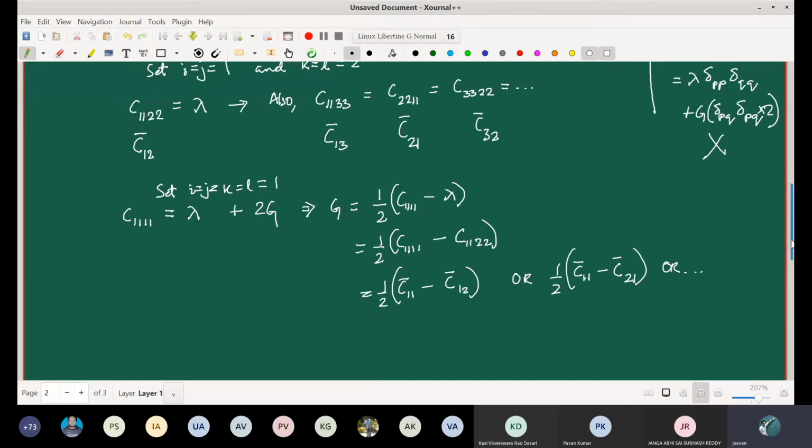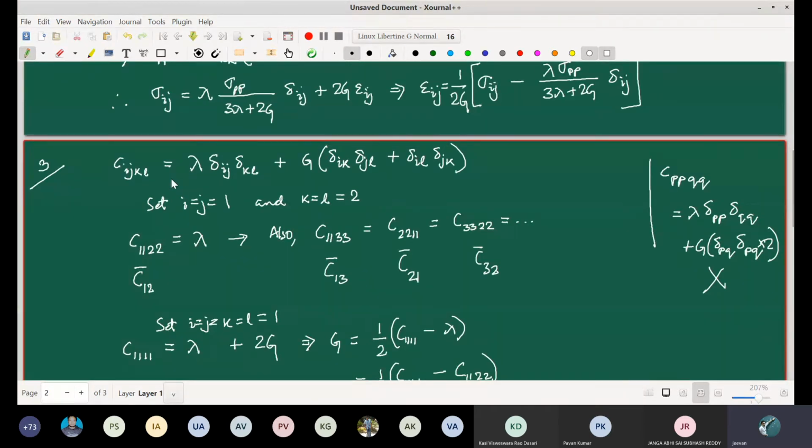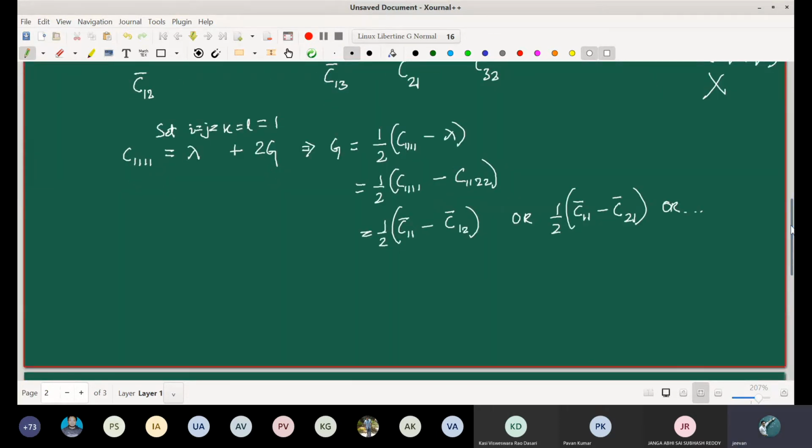And that makes sense because when we are writing these Cijkl like this, these can take any values, and on the right hand side we have only two independent parameters, lambda and G. So of course we are not going to have unique expressions for lambda and G. Of course this is only true for a linear elastic isotropic solid. For other kinds of materials we'll have different expressions. Please let me know if you have any doubts about question number 3, how we have proceeded.